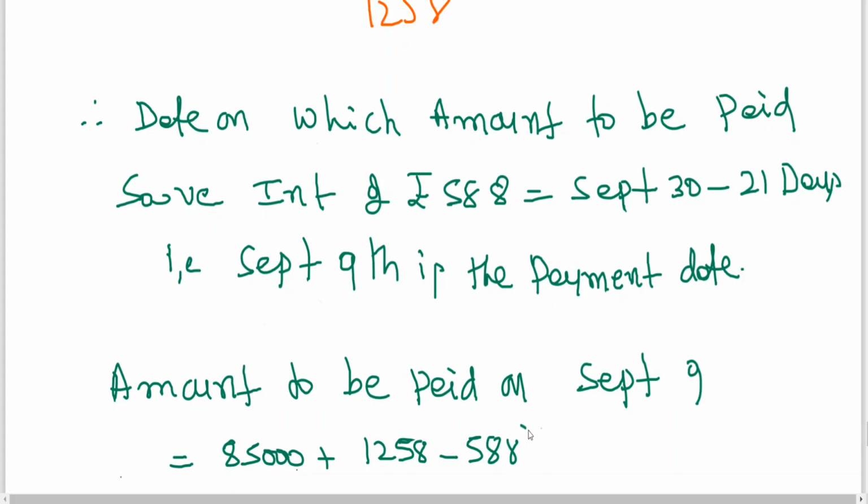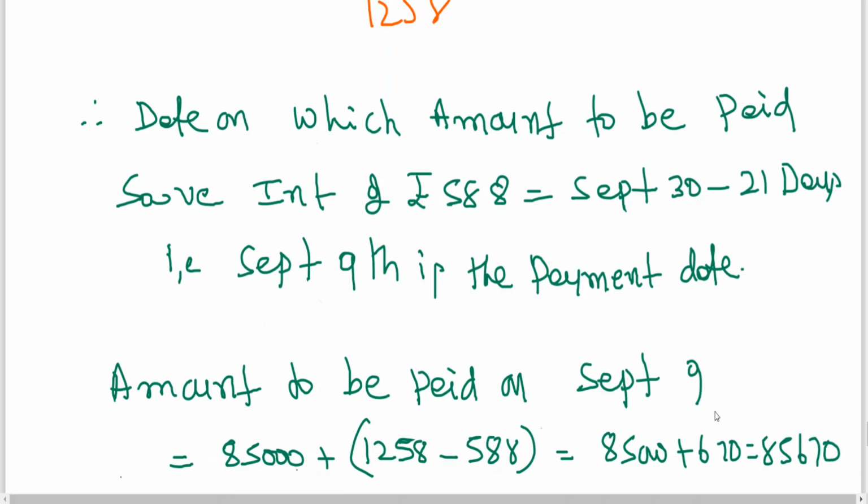So 588 rupees interest he can save because he's making payment 21 days before. 85,000 plus 1258 minus 588 is coming to 670. That is 85,000 plus 670.